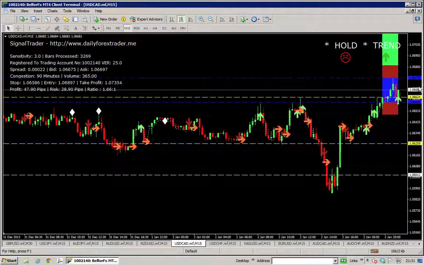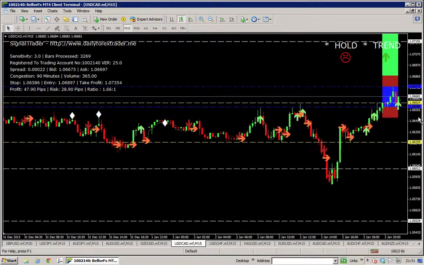So here it's calculated a possible trade based on the support and resistance and the movement in the market using the volume, and it's decided, if you look here it says hold, it's decided there isn't a trade here that's worth taking, and you can see here it says the possible profit is 50 odd pips, risk 28, 1.66 ratio of profit to loss, so it's obviously not going to work as a trade.